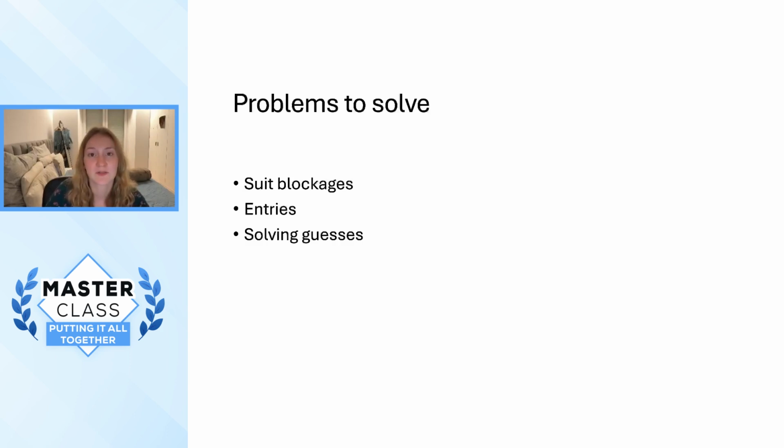Sometimes a blockage can cause entry issues, but sometimes you just need a bit of communication between your two hands, and you need to think about how you're going to achieve that. Don't always have aces in every suit in both hands, sadly. And then solving guesses as well, thinking about what we know about the opponent's hands, who we think might have honours that we're missing, those sorts of things.